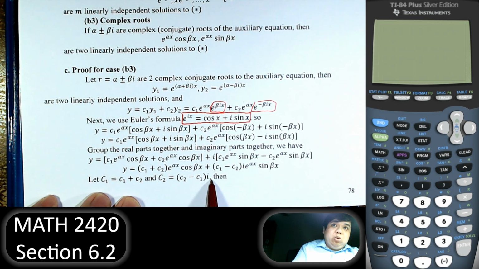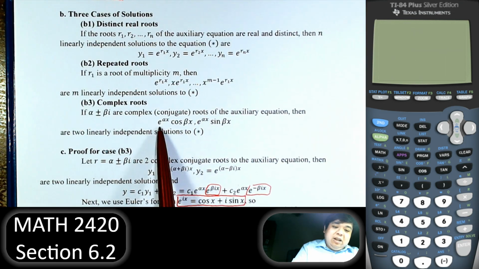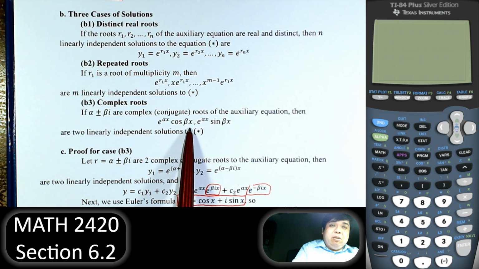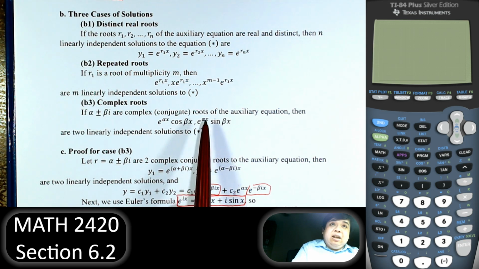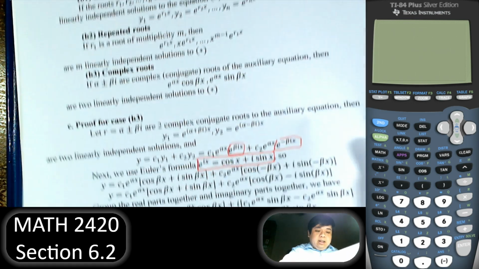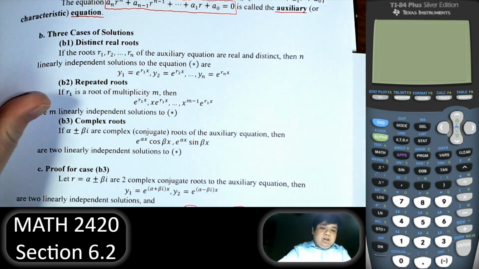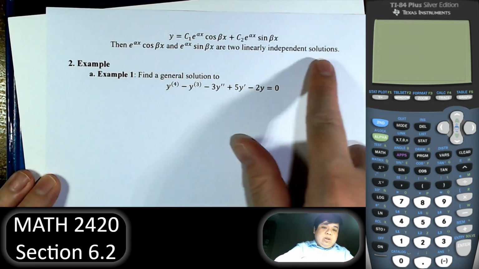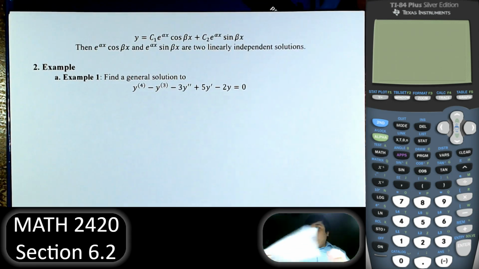So we have the solution as e to the alpha x cosine beta x, and e to the alpha x sine beta x. Of course, this is exactly like in chapter 4. So those are two linearly independent solutions.